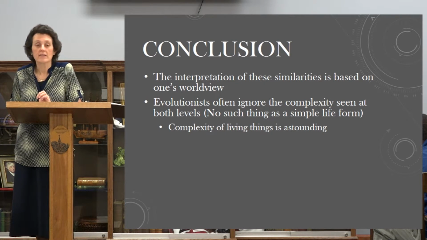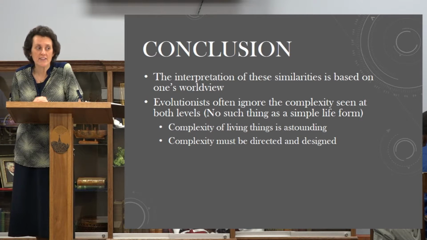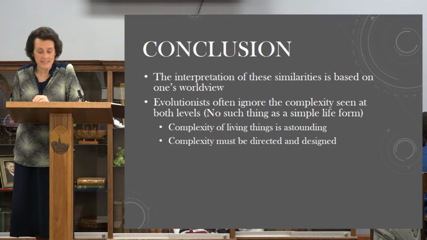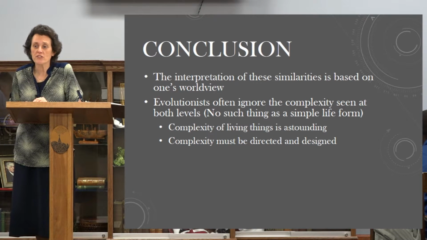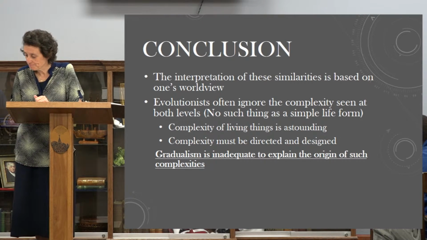So, the complexity of living things is amazing, astounding, whatever you want to put there. And it's much more logical to think of complexity as being directed and designed rather than random mutations. So complexity is directed and designed. There's no question that life is very, very complex from whatever way we look at it.